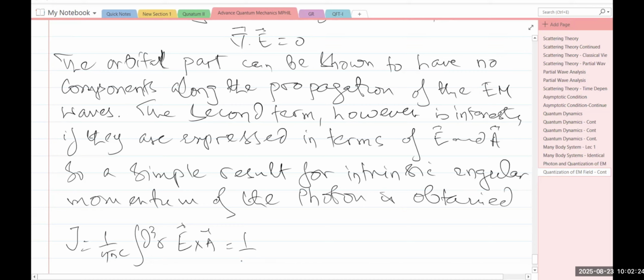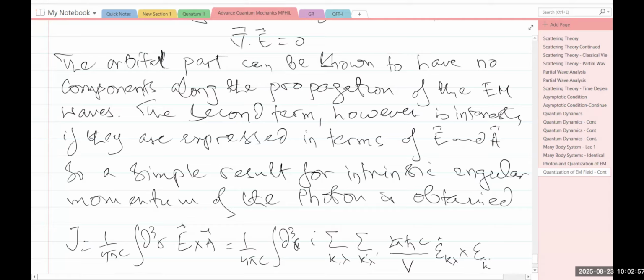And so this is equal to 1 upon 4 pi c integral d3r, and then we have iota, and then summation over k, lambda, summation over k prime, lambda prime, and then we have the 2 pi h c factor coming from E, capital E, and epsilon k lambda factor also crossed with epsilon k prime lambda prime coming from A, the vector potential.